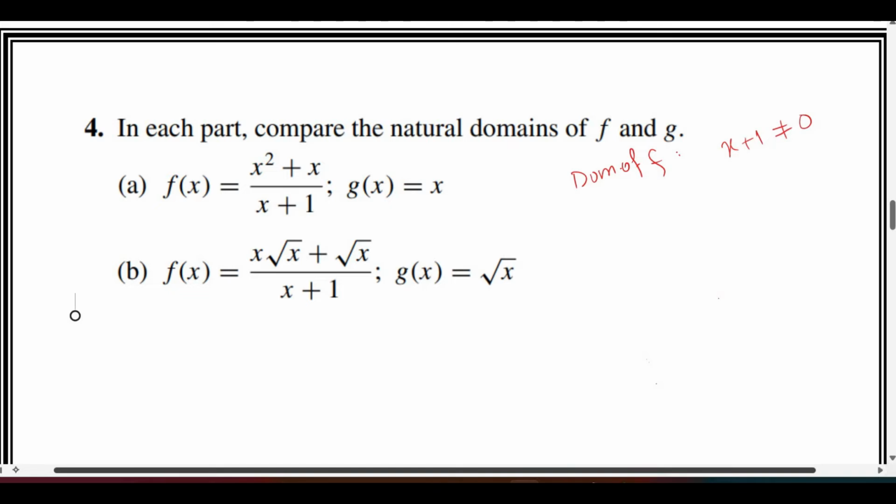In the denominator, we cannot have 0, so the denominator shouldn't be 0. That means x is not equal to minus 1. So the domain of f is all x values except x equals minus 1, while the domain of g is the whole real number line, or the whole set from minus infinity to positive infinity.